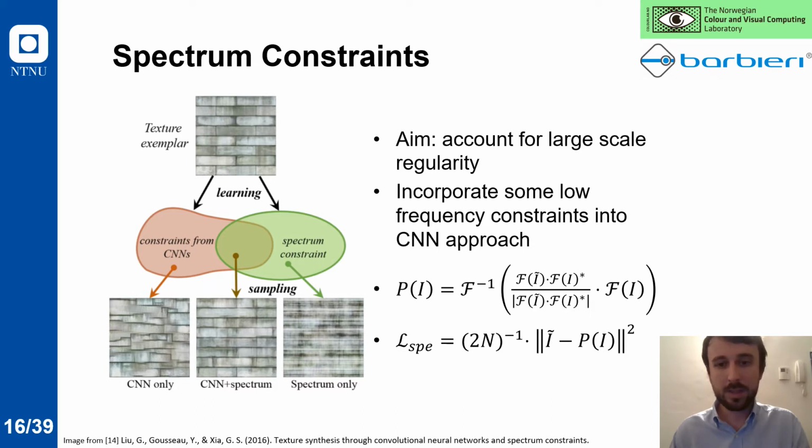To do this, they essentially added a loss term to the general loss of the VGG network and Gatys' approach, which forces the synthesized image to have a similar Fourier transform as the input image.